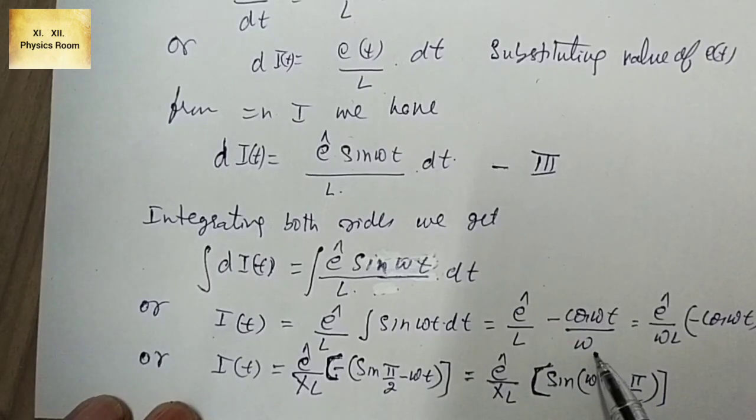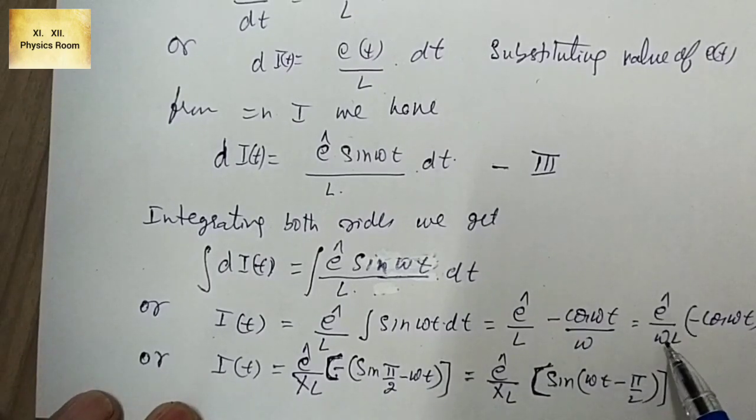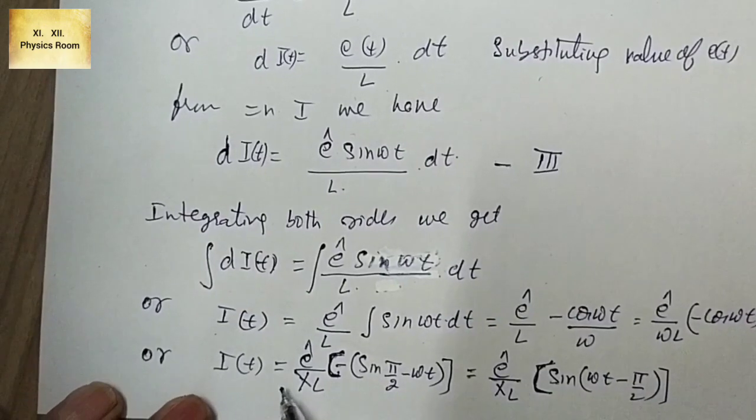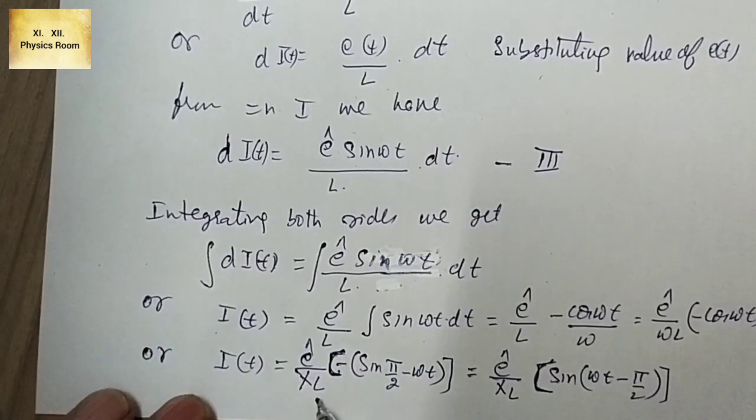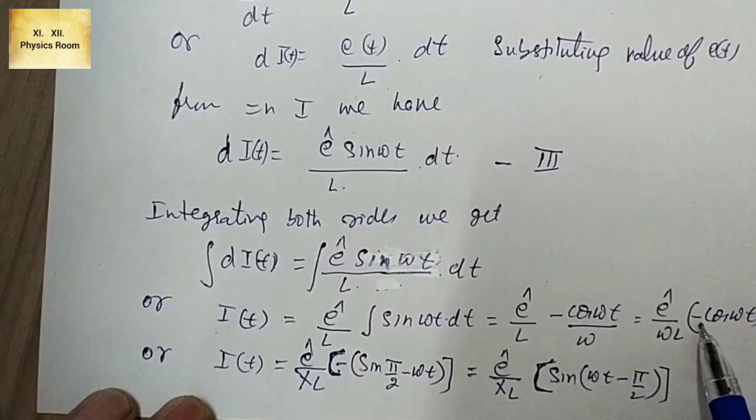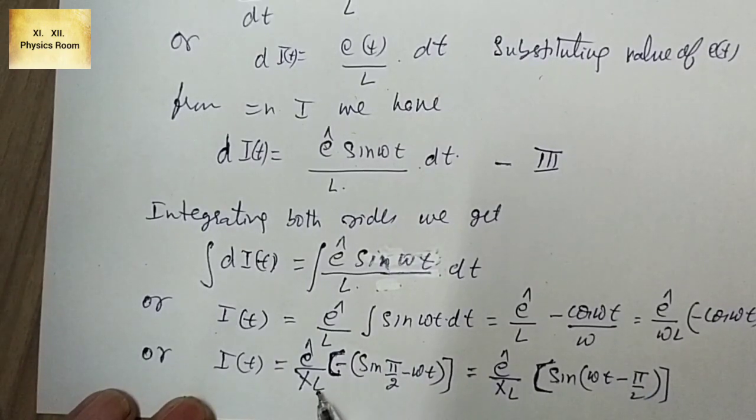It is equal to E max by omega L into minus cos omega t, or we write I(t) is equal to E max by XL into minus, omega L as XL. XL is inductive reactance.